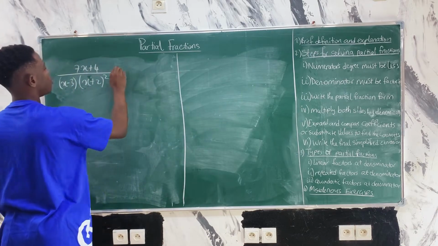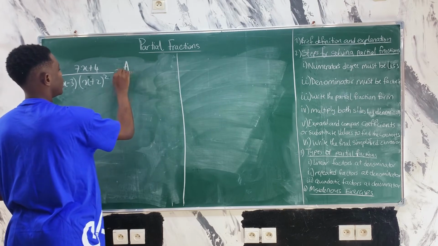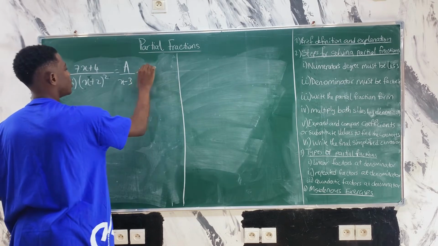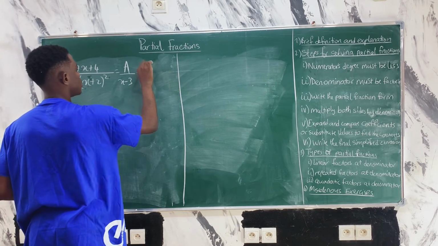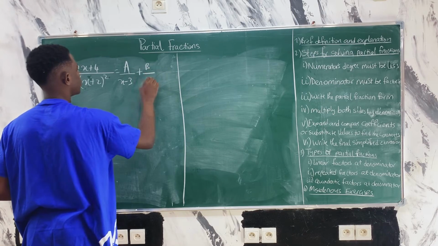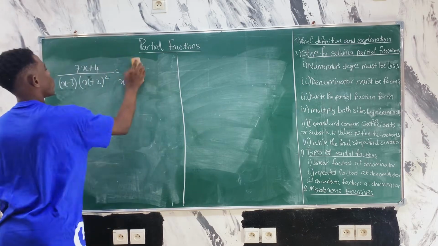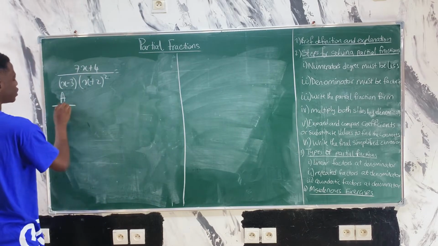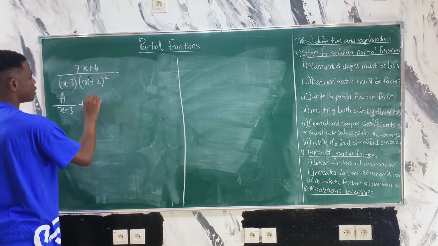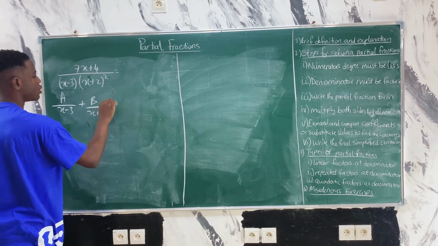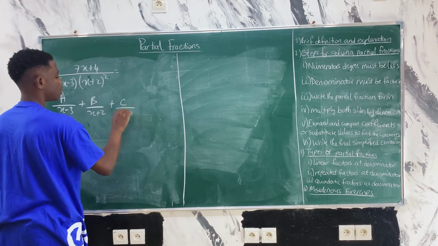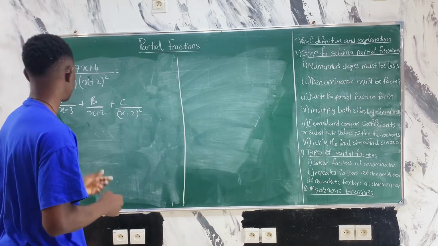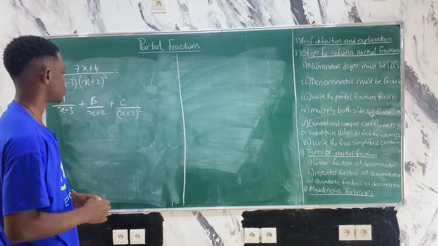So the partial fraction form of this will be A on x minus 3 plus B on x plus 2 plus C on x plus 2 all squared. So this is how you are going to write it in partial fraction.